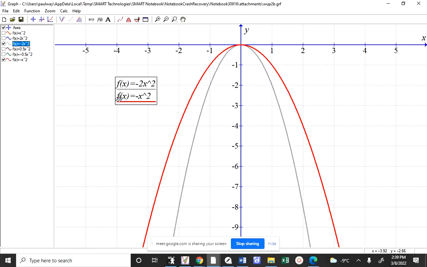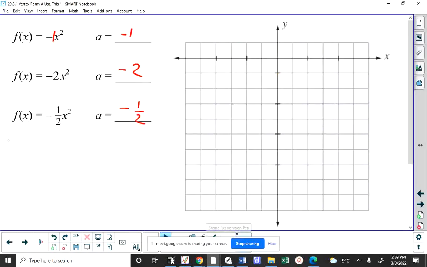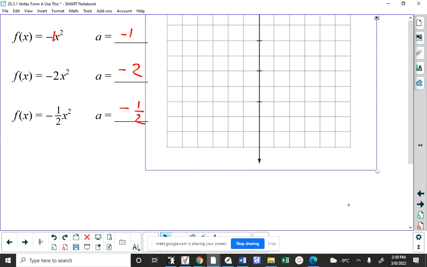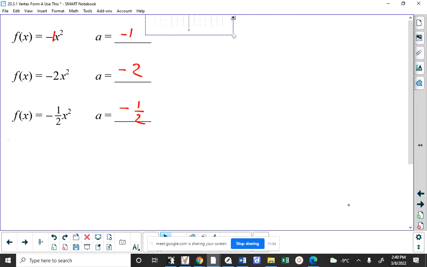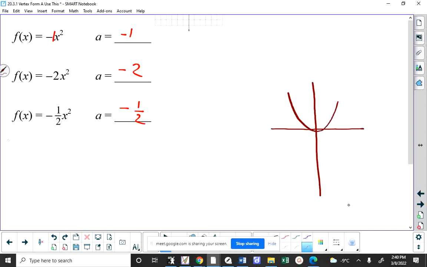If you could draw the following, not even worrying about this grid, saying that if this is x squared, then this is negative x squared. This is about learning. This isn't necessarily about what you write down in your note package. The green one is x squared. The brown one is negative x squared.